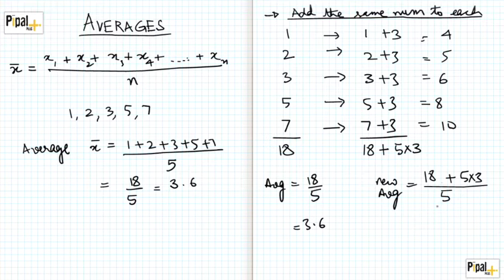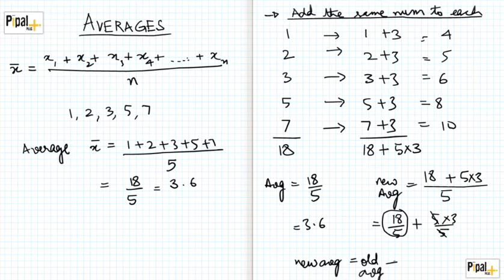Now if we split this sum up, we get 18 by 5 plus 5 into 3 by 5, and actually this 5 cancels. So what we are getting is that the new average is going to be equal to the old average, notice that this is the old average, plus whatever number we had added to each data point, right, plus 3.